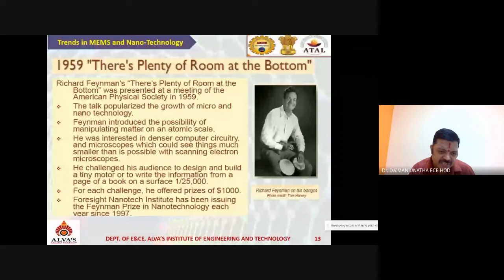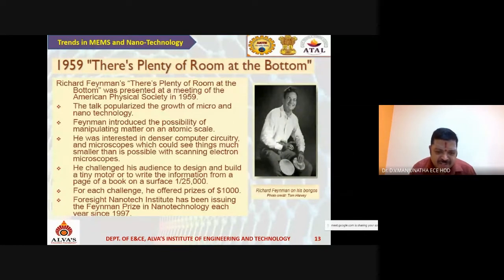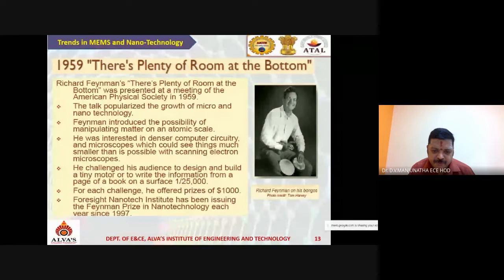We will see all those details later. I will share a video of fabrication in a later slide, where you will understand the fabrication scenario. Feynman challenged the audience to design and build a tiny motor and to write the information from a page of a book on a surface 1 by 25,000 of its size. That is a very small size.